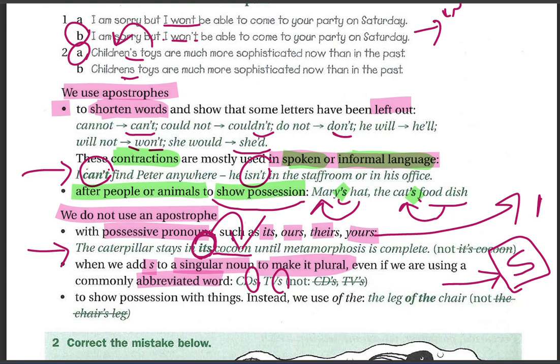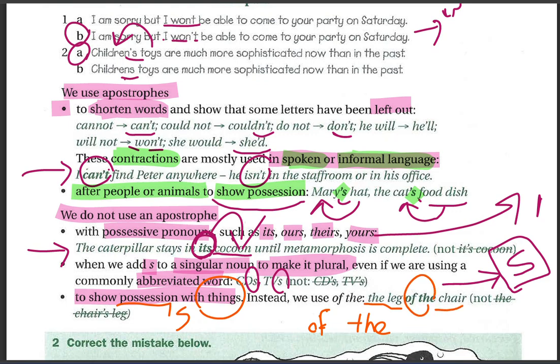Great. And the last part, to show possession with things. So in here, it's really important. Sometimes you want to show possession with things, but you don't use apostrophe S. We use of, the. Okay? Look at here, the leg of the chair.